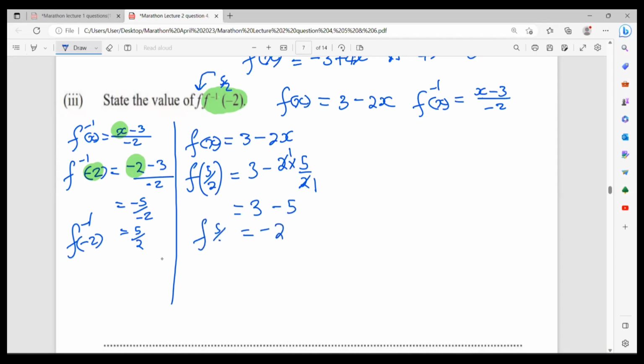I want to conclude for the exam, though the exam never asked me for this. But based on how we worked the problem, we end up with that. So f of the inverse of f of -2 gave me -2. Just double check, and as long as there is no error, we're good to go.